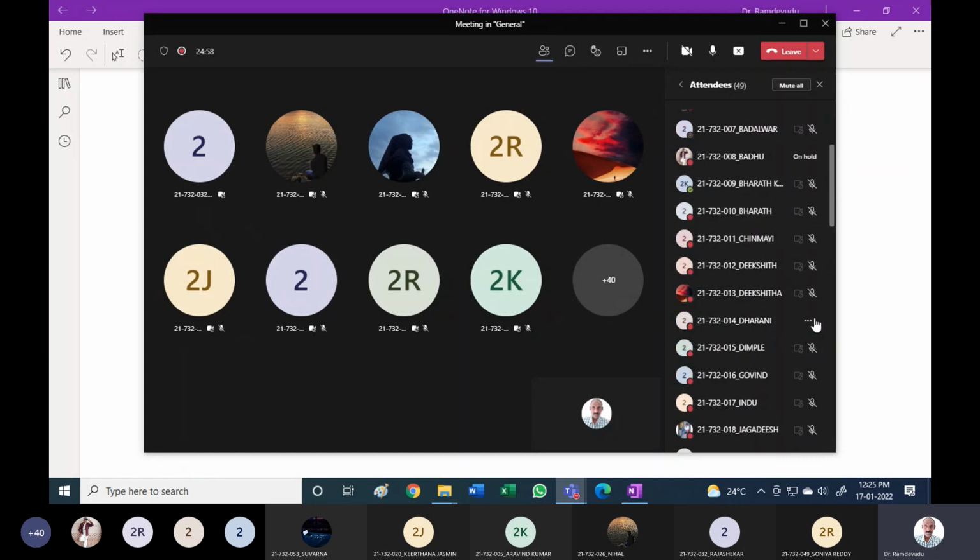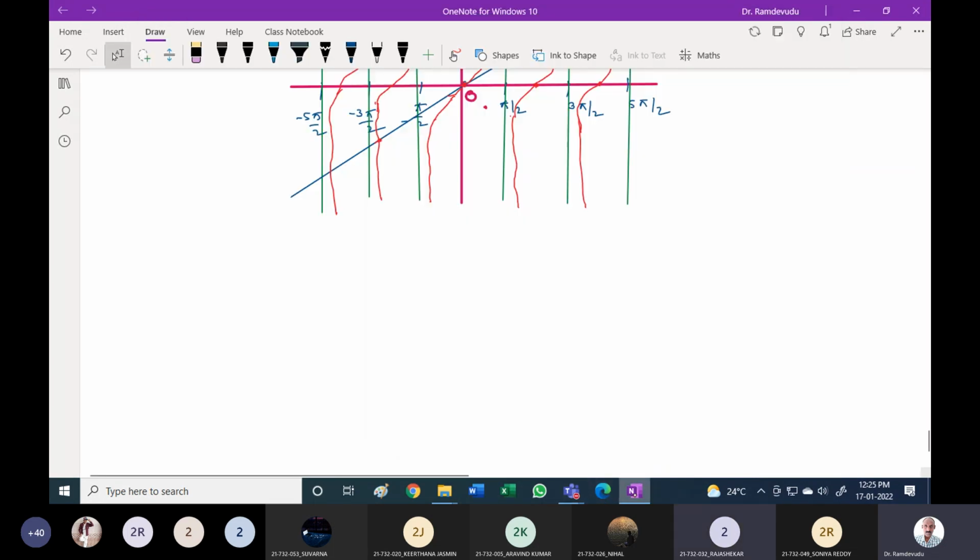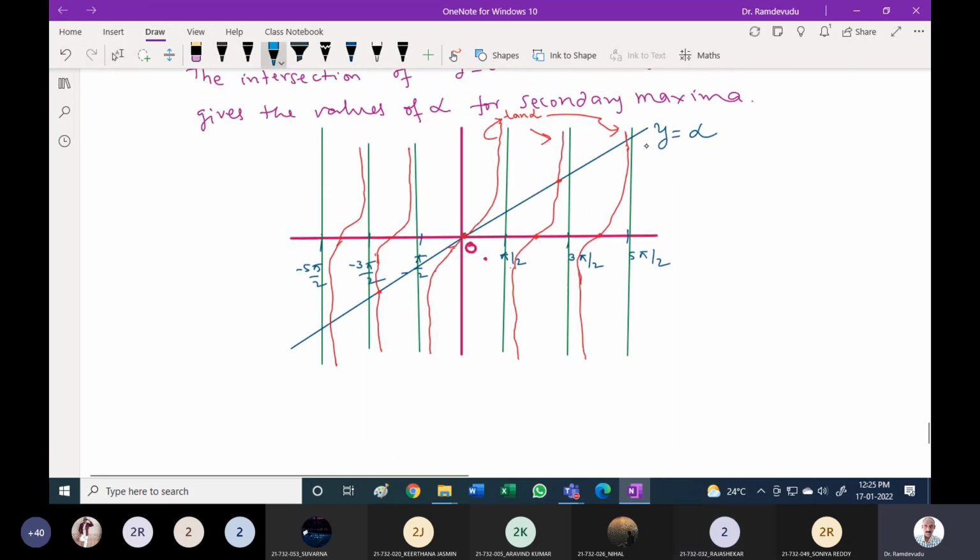So we say that they are not exactly touching at 3π/2 and 5π/2, but mostly they are going somewhere very near to it. Therefore, these intersection points are the solutions for alpha.